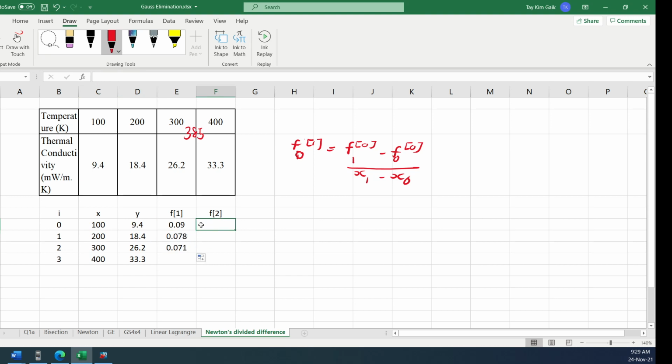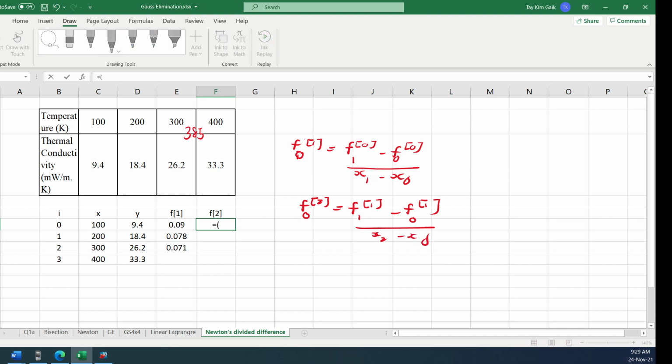For the second level, the numerator still follows the same pattern. Take the previous column, in this one 0.078 minus 0.09, divided by x2 minus x0. So this is f1 at level 1 minus f0 at level 1, divided by x2 minus x0.